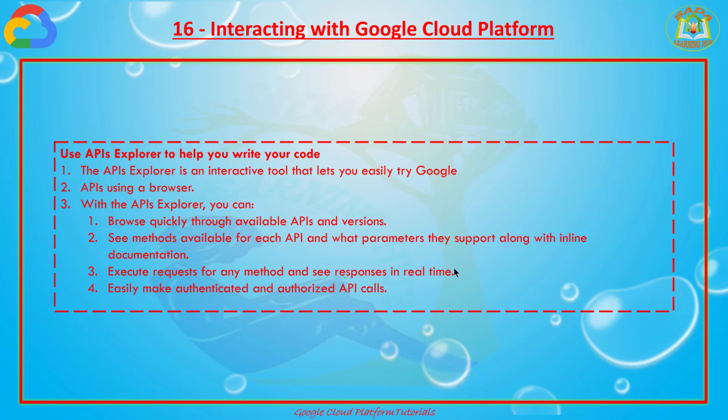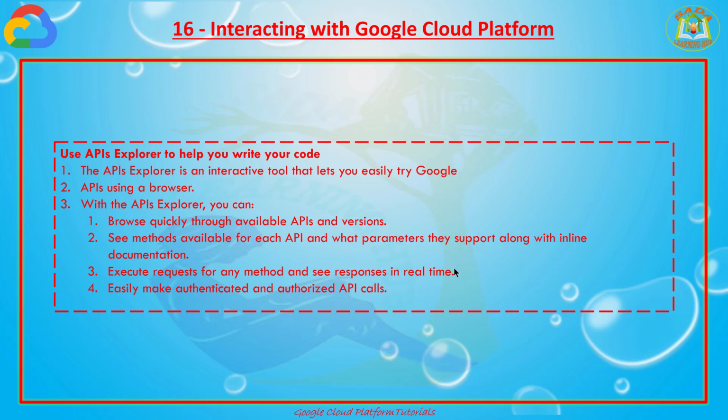It lets you see what APIs are available and what versions. These APIs expect parameters, and the documentation on them is built in. You can try the APIs interactively, even with user authentication.